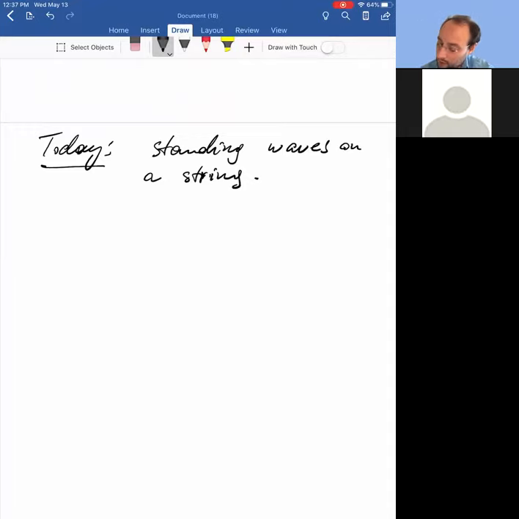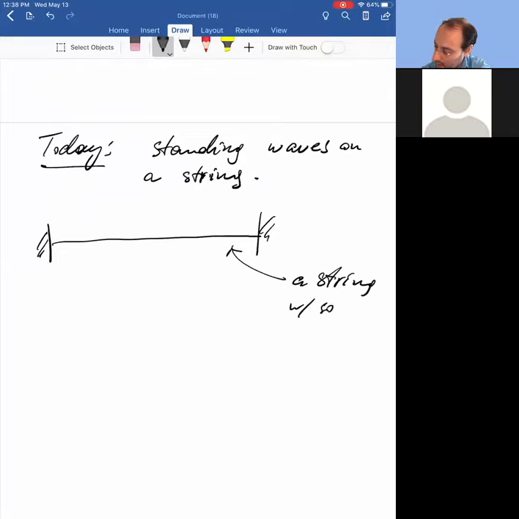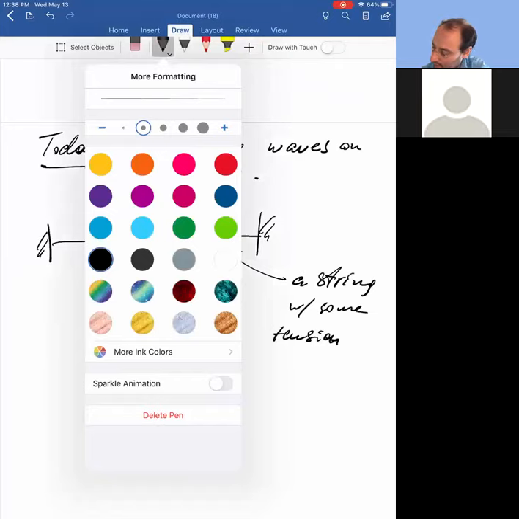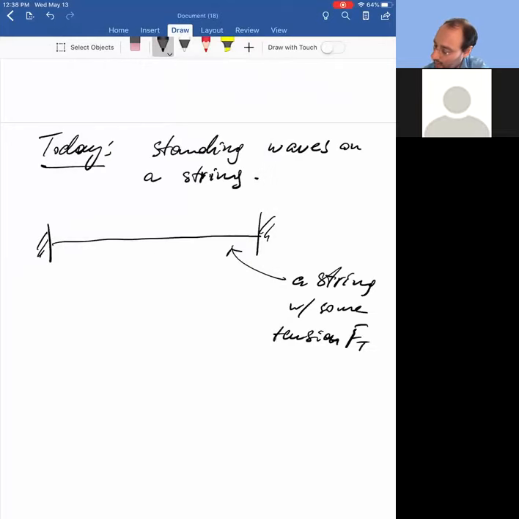Okay, so here's the question. You have a string, with some force of tension, and a mass density, mass per length, rho.